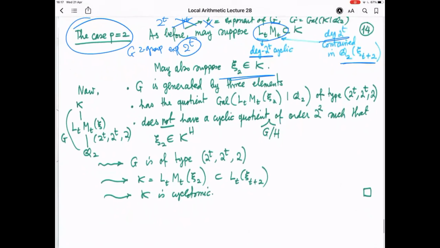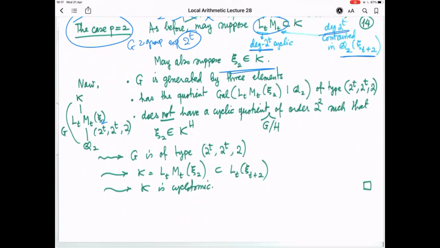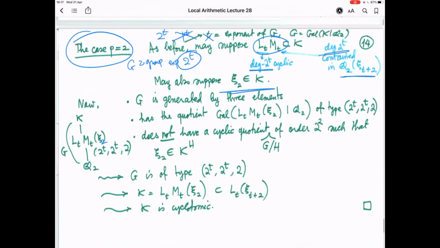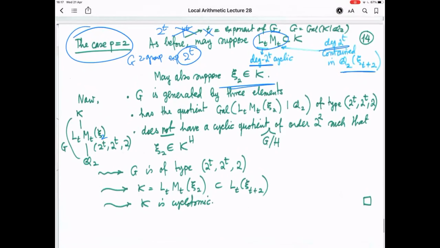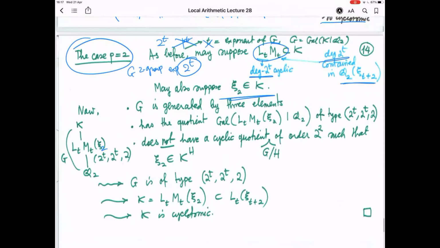Of course, we may also assume that psi2 is also contained in K. So now you have this group, the Galois group G of K over Q2, which continues to have exponent 2 to the t.